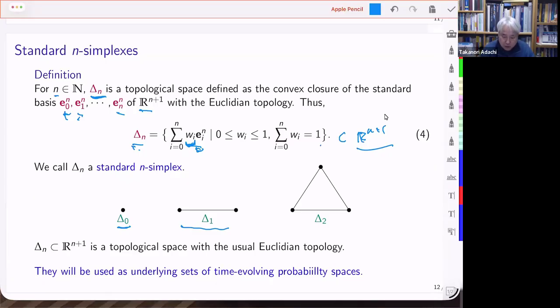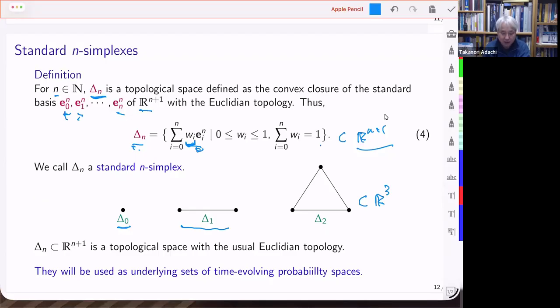And delta 2, which is a subspace of R^3, is a triangle. And delta 3 is a tetrahedron.